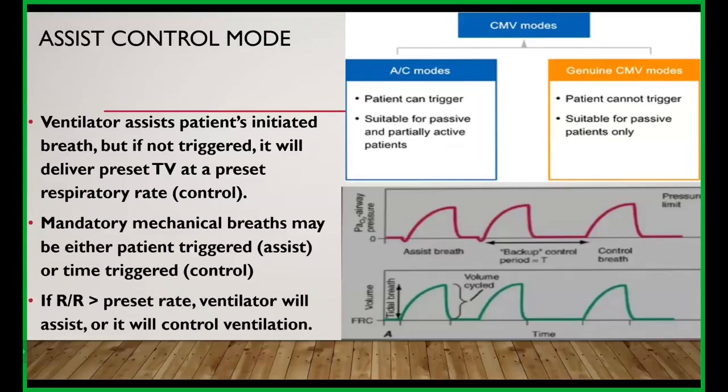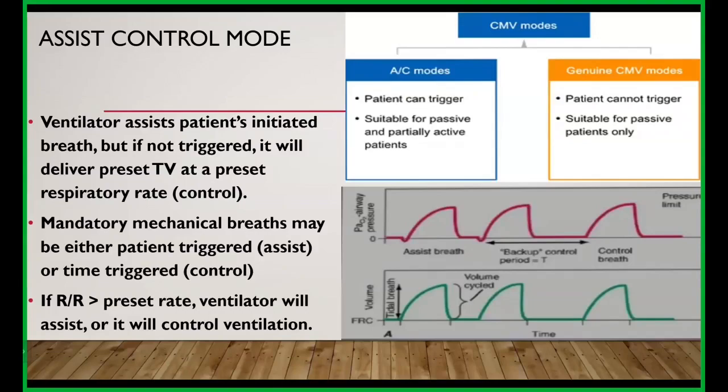Now, how are these mandatory breaths going to change according to the respiratory rate? You set a respiratory rate, say 12 breaths per minute, but the patient can take more triggers. In that case, the mandatory breaths will automatically reduce depending upon the patient's respiratory rate.